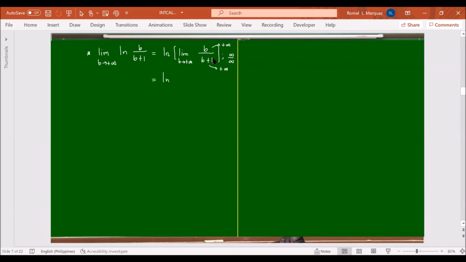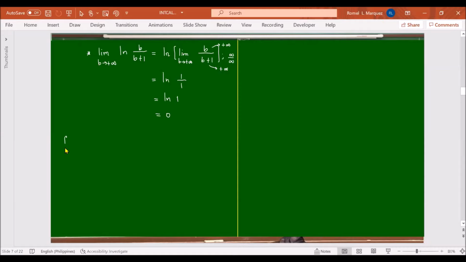Then we can apply here L'Hopital's rule. The derivative of b with respect to b is 1, and the derivative of b plus 1 with respect to b is also 1. So it means we have ln of 1, and ln of 1 is equal to 0.